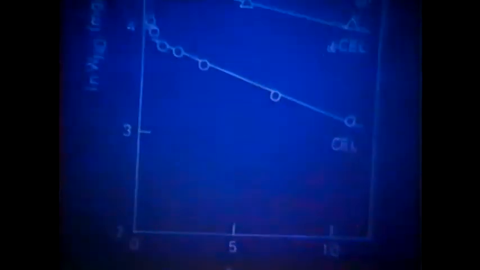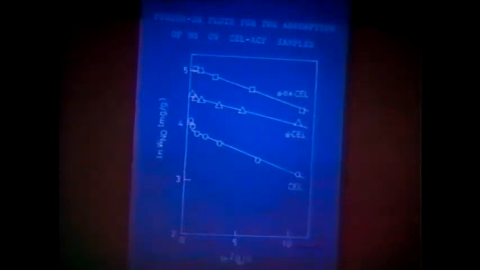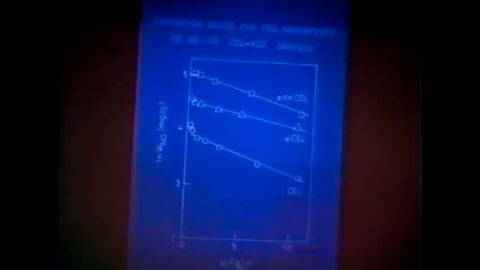So we apply the DR plot to the anomalous micropore filling of NO. We postulated the saturated vapor pressure of NO in the micropores at 30 degrees is equal to that of bulk liquid at minus 152 degrees, the boiling temperature.